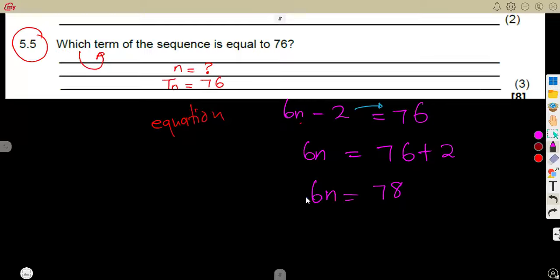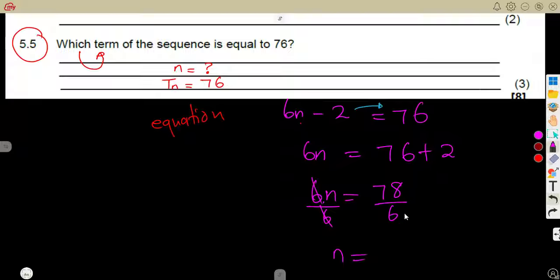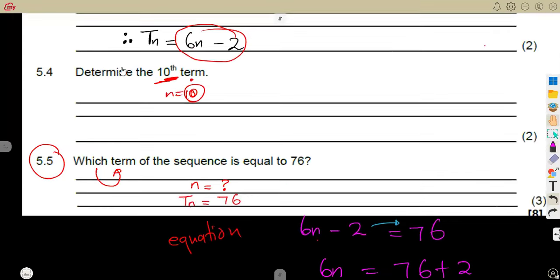So to find n, that's a product here. So how do you get rid of the 6? You divide by that 6. Divide by 6, divide by 6. So n is equal to 78 divided by 6, which is 13. So we're talking about the term there. Which term? That is the 13th term. Just like here, what we had to say, determine the 10th term.